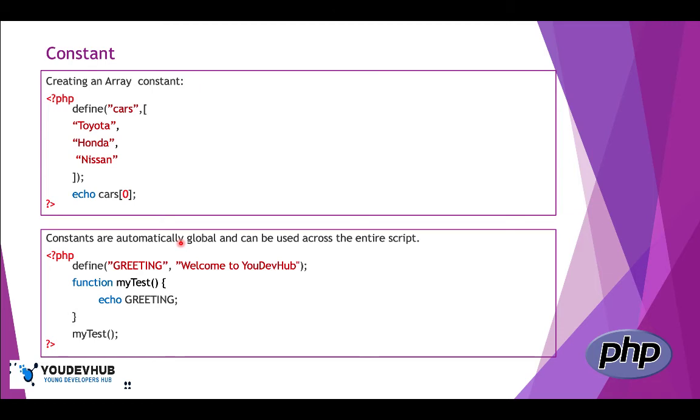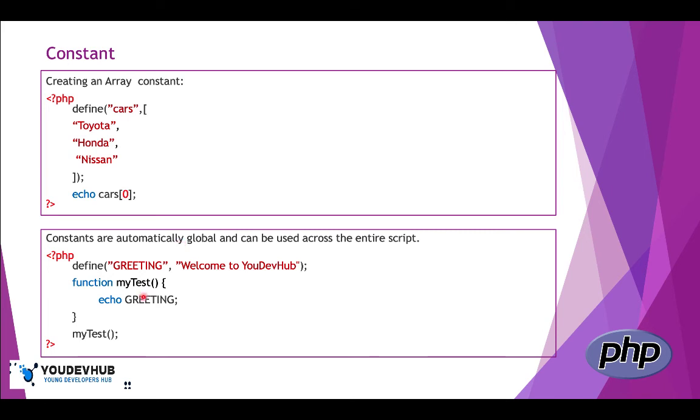This is unlike the global scope and local scope that we discussed earlier in the course, where we said that a variable declared globally can't be used within a function, except the global keyword is attached to it. But constants are not so. Once you define a constant, you can use it in or out of a function.